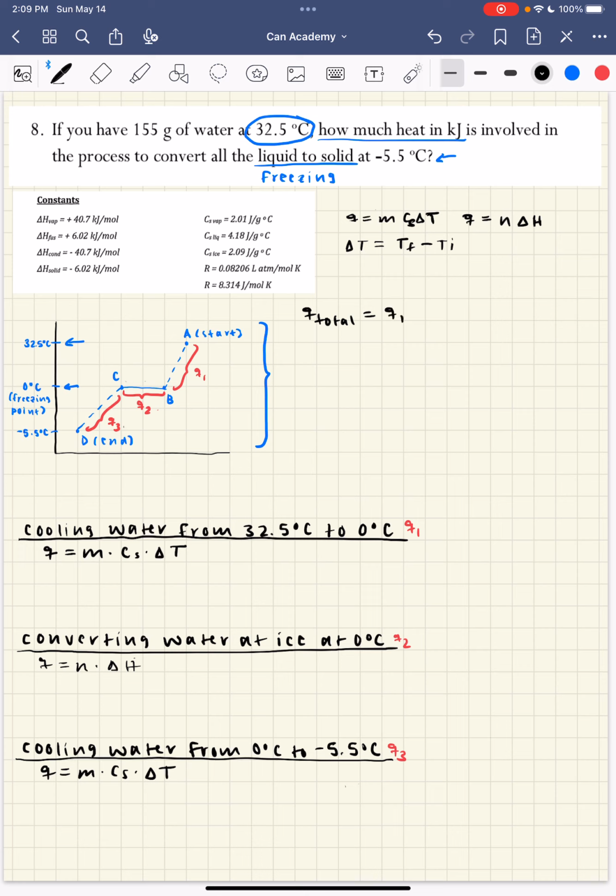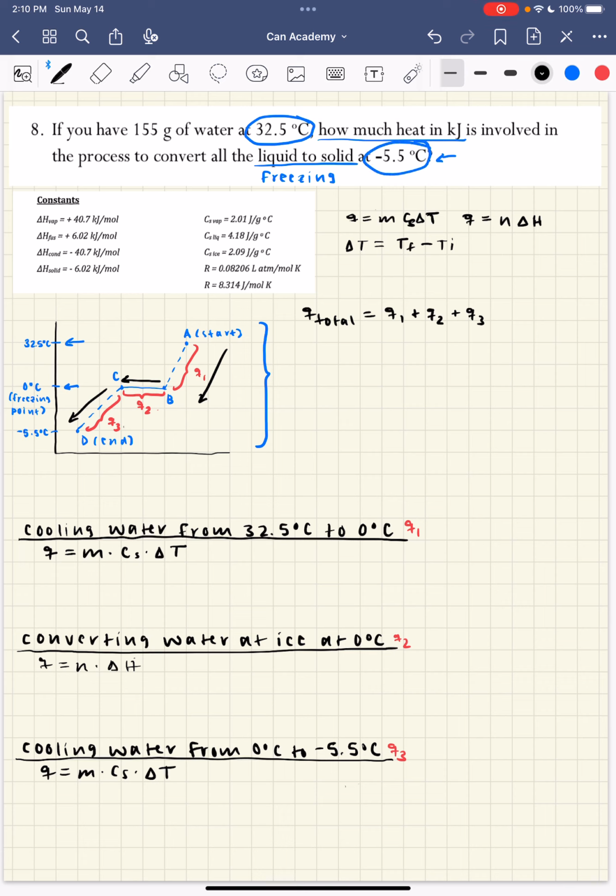We can call that Q1, which I put over here. Plus Q2, which is the heating/cooling that is occurring from point B to C at the freezing point. And then finally, the heat that's generated when we're going from 0 to the final temperature, which again is negative 5.5.